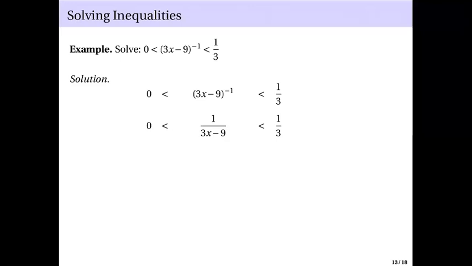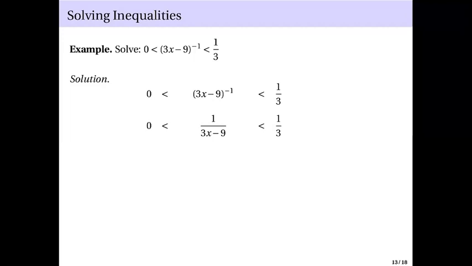And we are sure that 1 over 3x minus 9 is a positive number, which means we can multiply all parts of the inequality, and we are sure that the inequality direction will not change. Because again, we are sure 1 over 3x minus 9 is positive, and therefore 3x minus 9 is also positive.